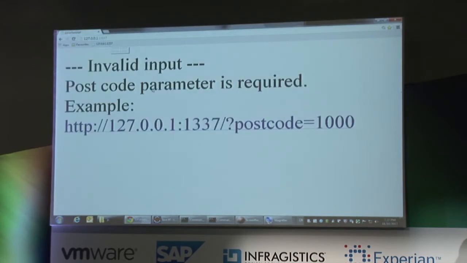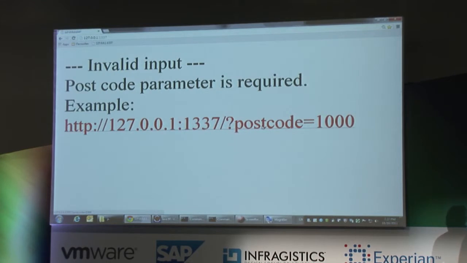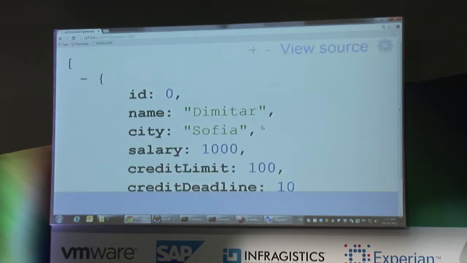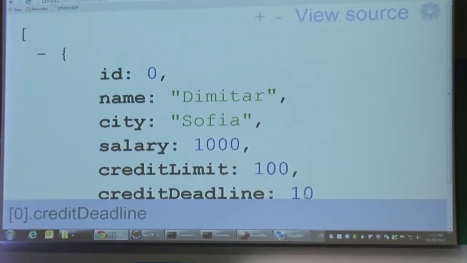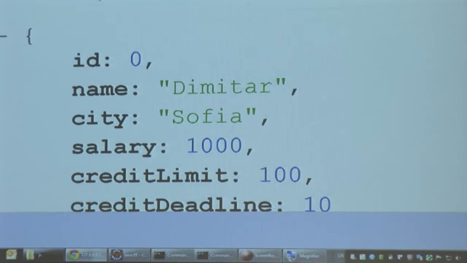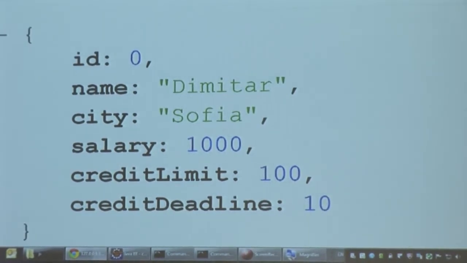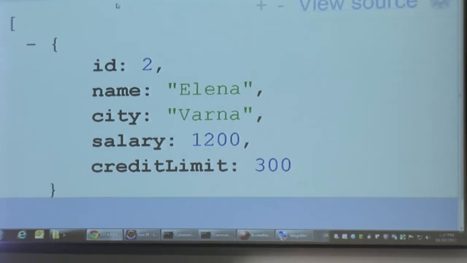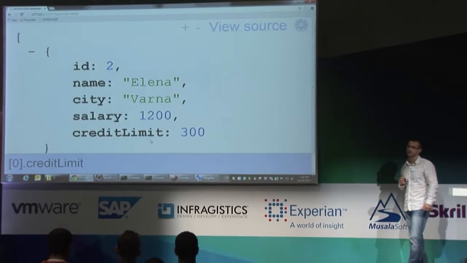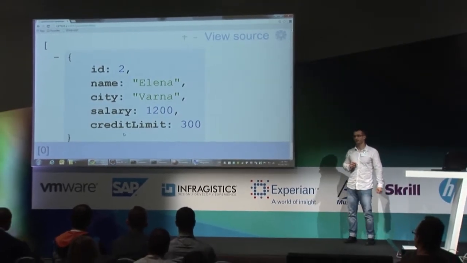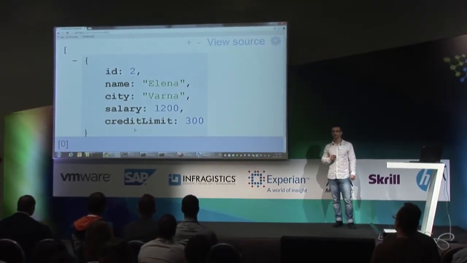I'll connect to my service, and here, it's City Sofia, and we have our new productive feature for the credit deadline, developed locally. Let's see other cities. For example, Varna. We don't have this credit deadline there because we didn't implement it.